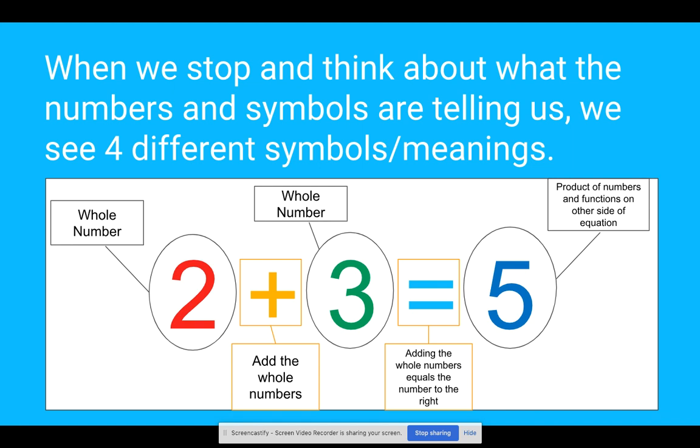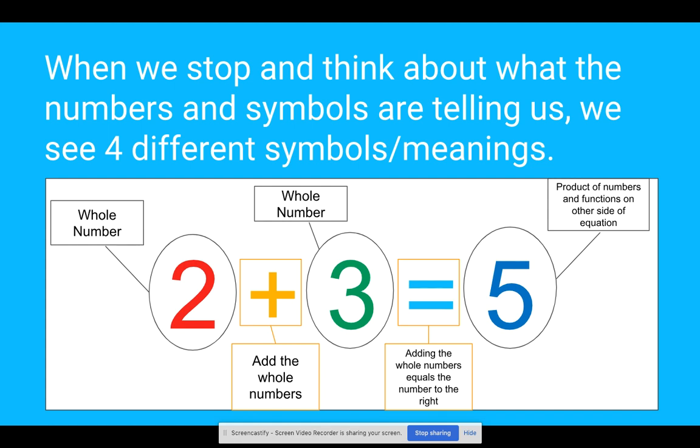When you stop and think about what the numbers and symbols are actually telling us, there are at the very least four different symbols and meanings. First, you have a couple of whole numbers. That's the 2 and the 3. We have the symbol for addition, which tells us that we need to add the two things on either side of it.